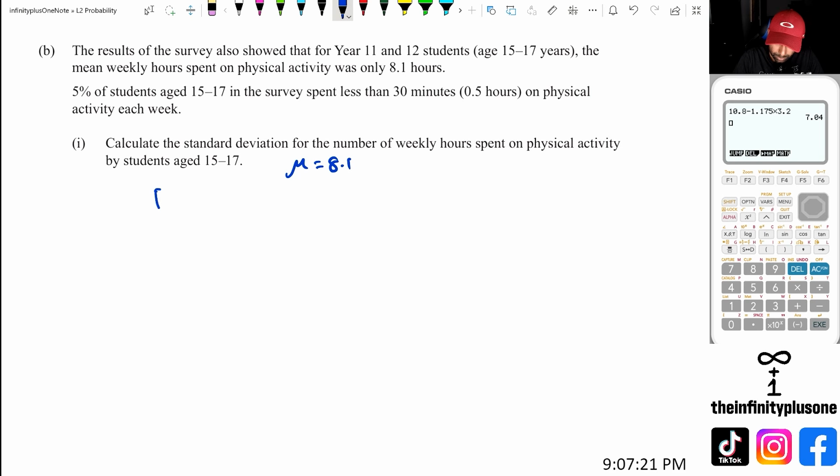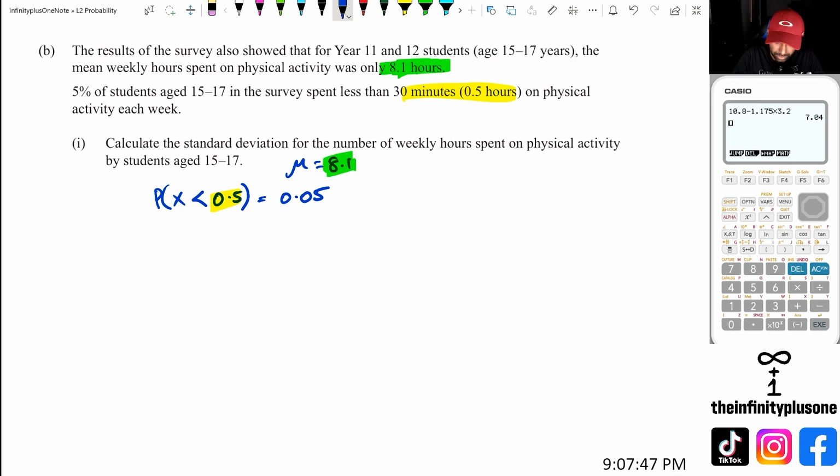So we can say probability of x less than 0.5 is equal to 0.05. So 0.5 is 30 minutes, and I'm keeping it in hours because the mean is in hours.